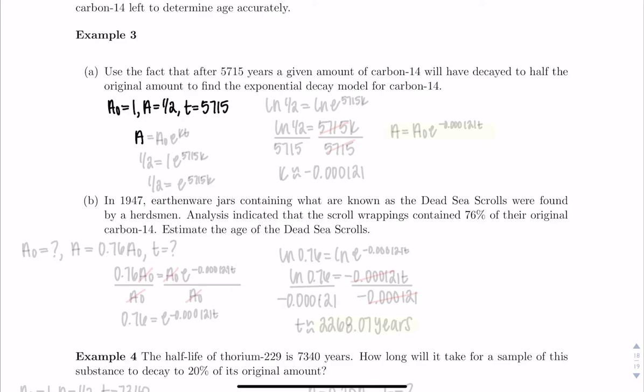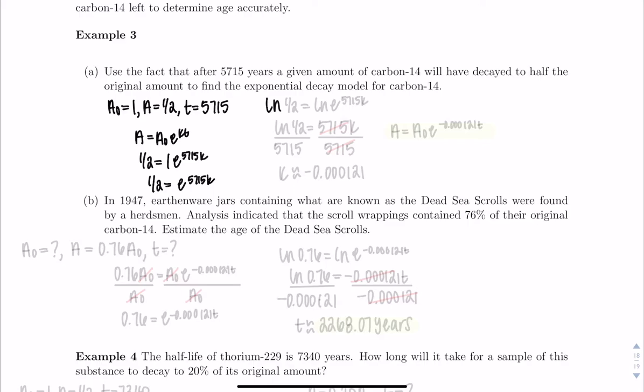So we have A equals A naught e to the kt, and that's 1/2 equals 1 e to the 5,715k, which is really just 1/2 equals e to the 5,715k.